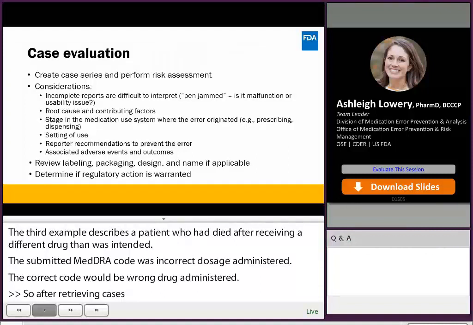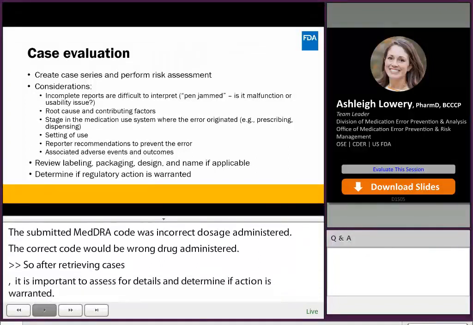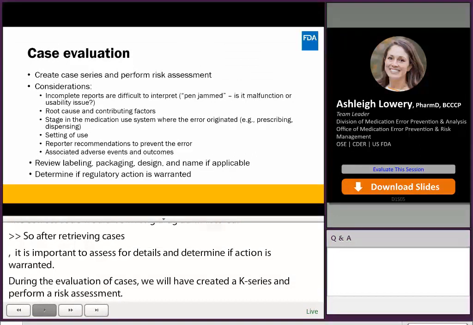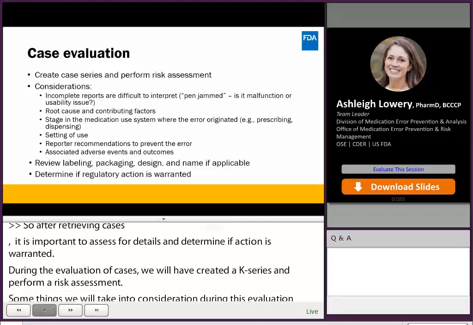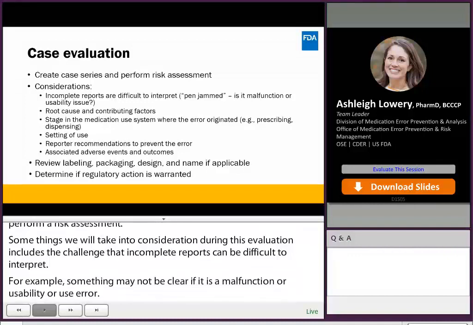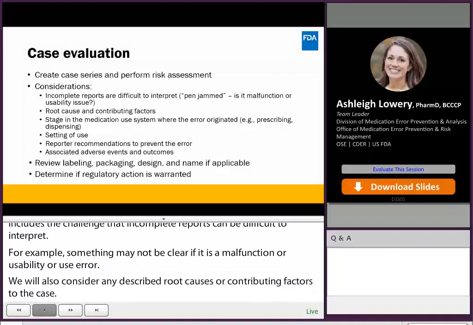For example, something describing pen jammed is not necessarily clear if it's a malfunction or a usability or use error. We'll also consider any described root causes or contributing factors to the case, the stage in the medication use system where the error originated, the setting of use, any reporter recommendations to prevent the error, associated adverse events and outcomes.